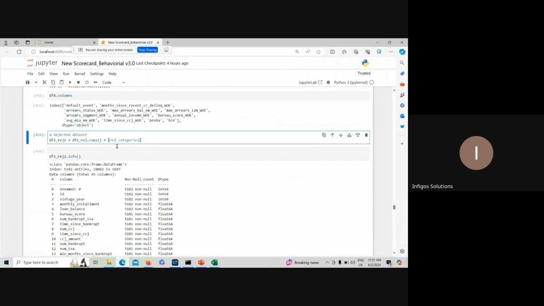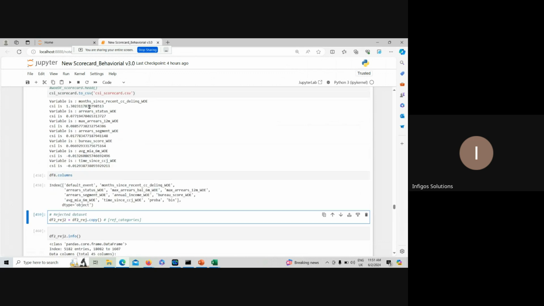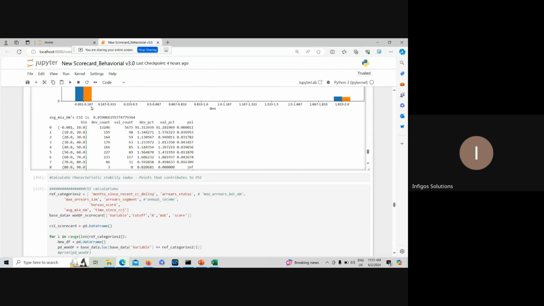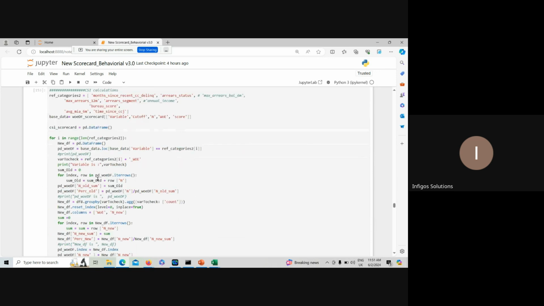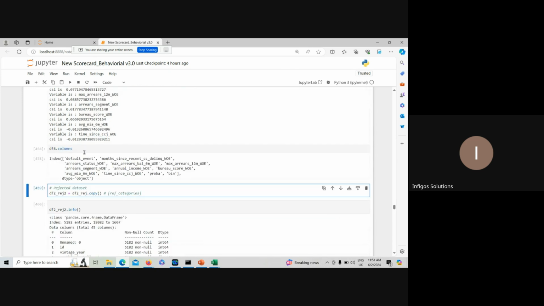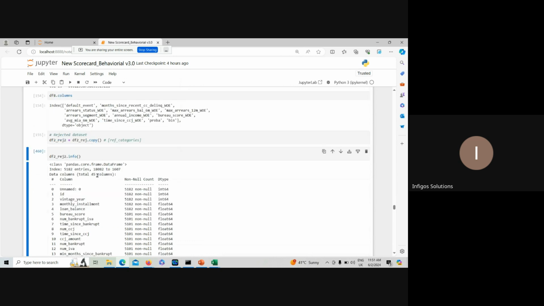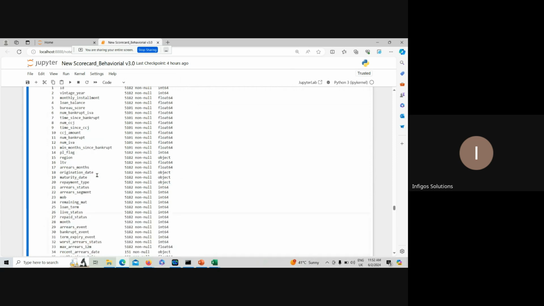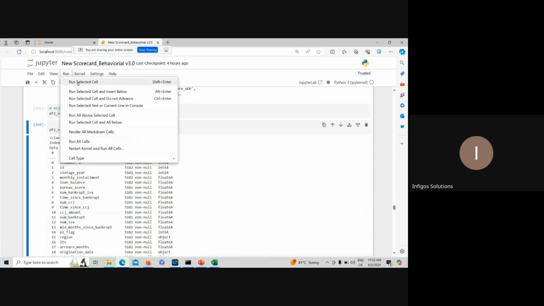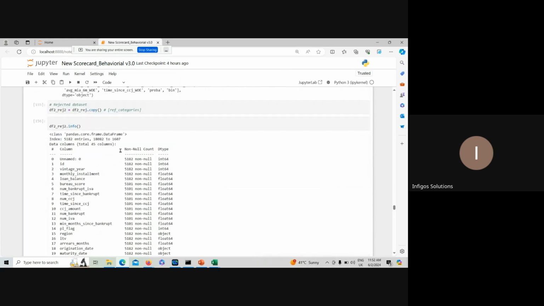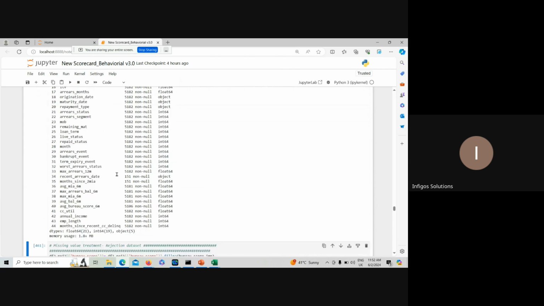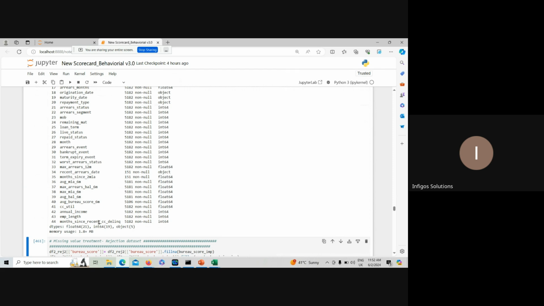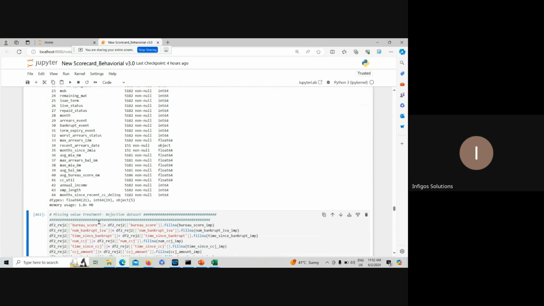So we have a copy of the rejected data which we have created. Then we see all the variables which are there. In the rejected data, the event variable and another variable will be missing.